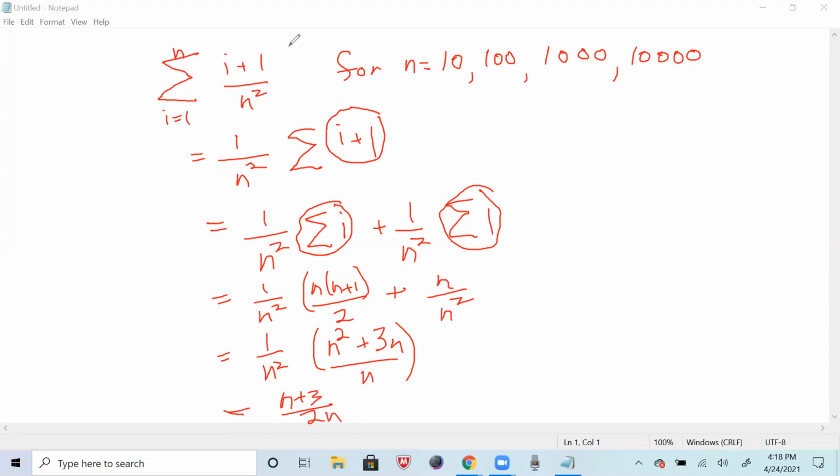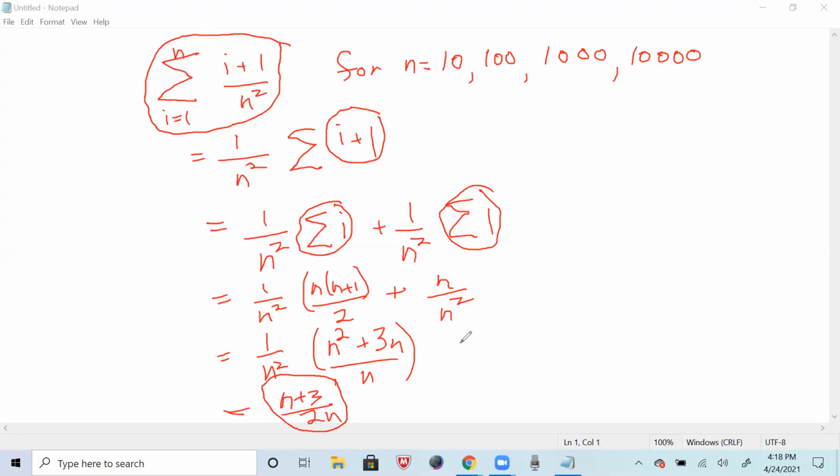So this thing that we started with up there is equal to that. And if you want to know what it is when n equals 10, you plug it in. If you want to know what it is when n equals 100, you plug it in, and so forth.